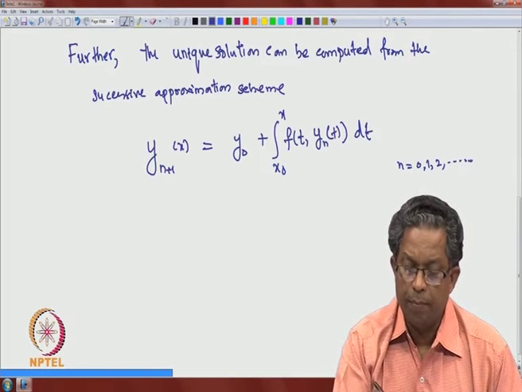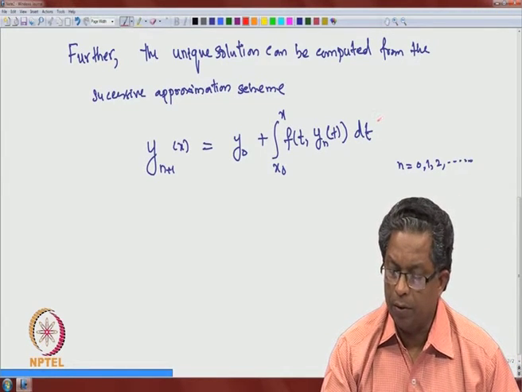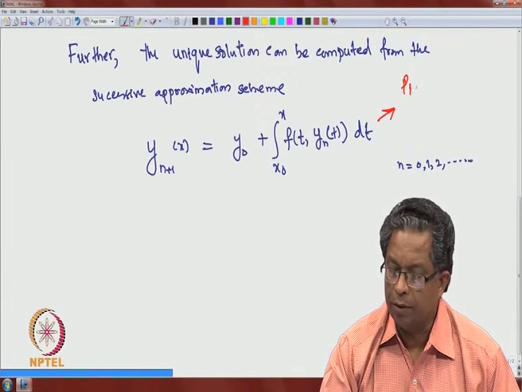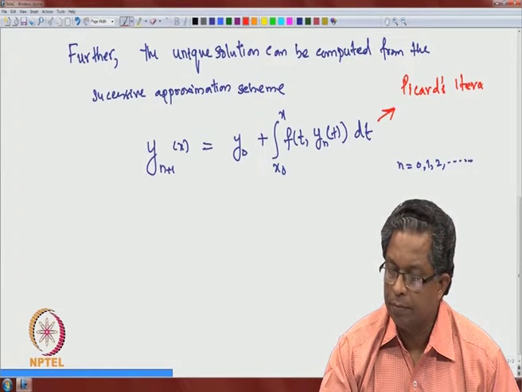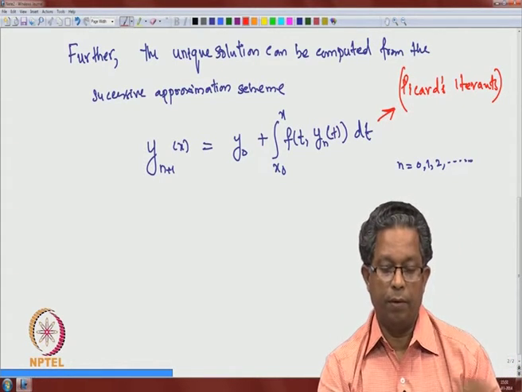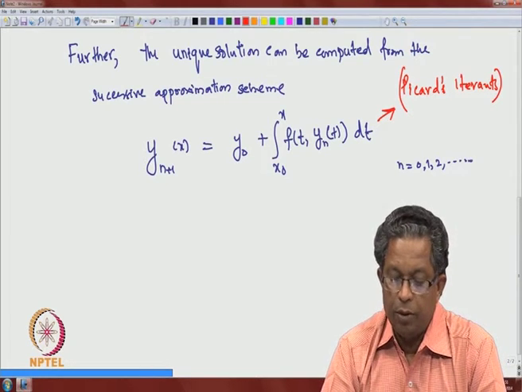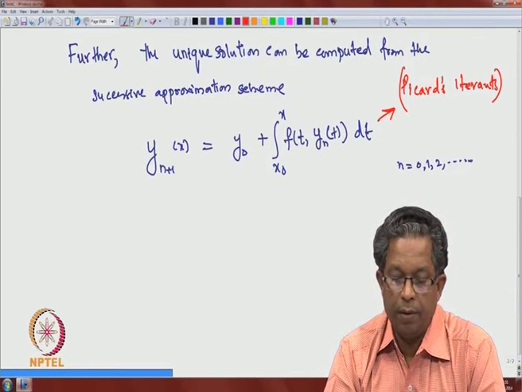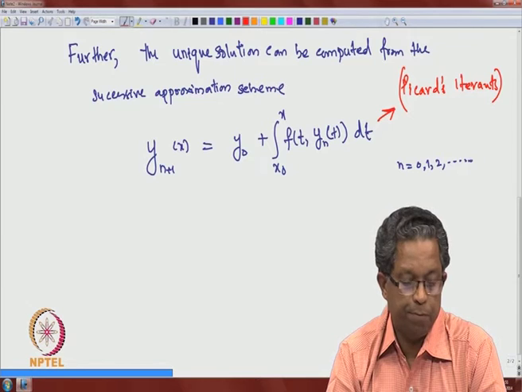So, this iterative scheme, if you recall, is known as Picard's iterates. It is the same sequence of functions which we constructed in Picard's iteration.